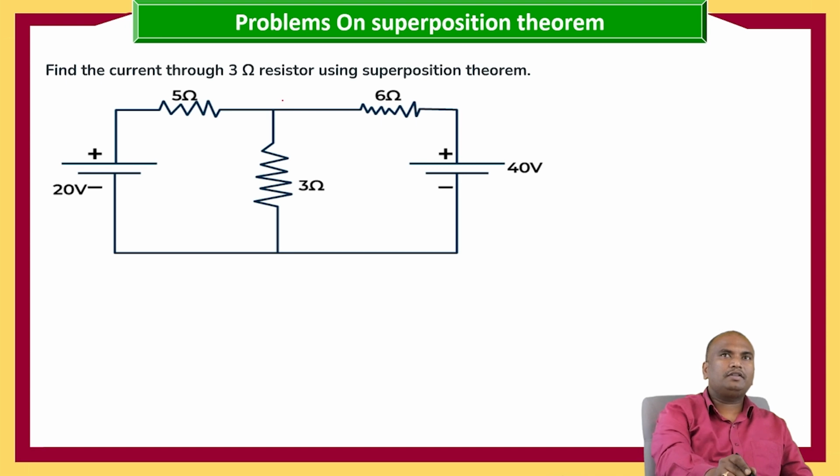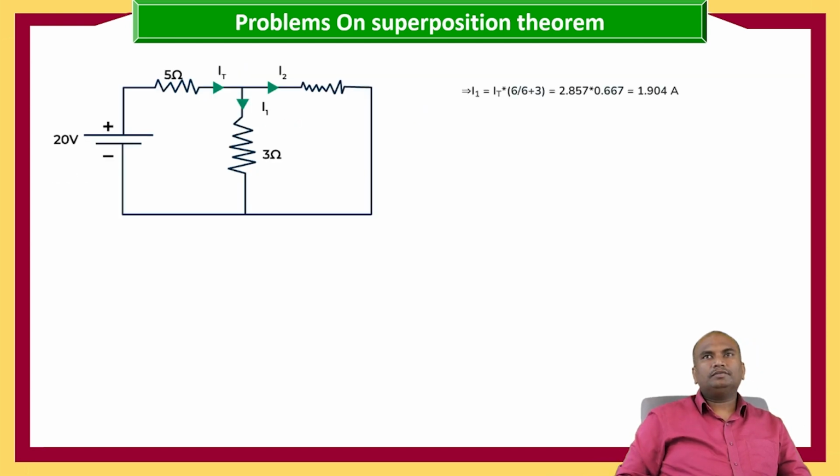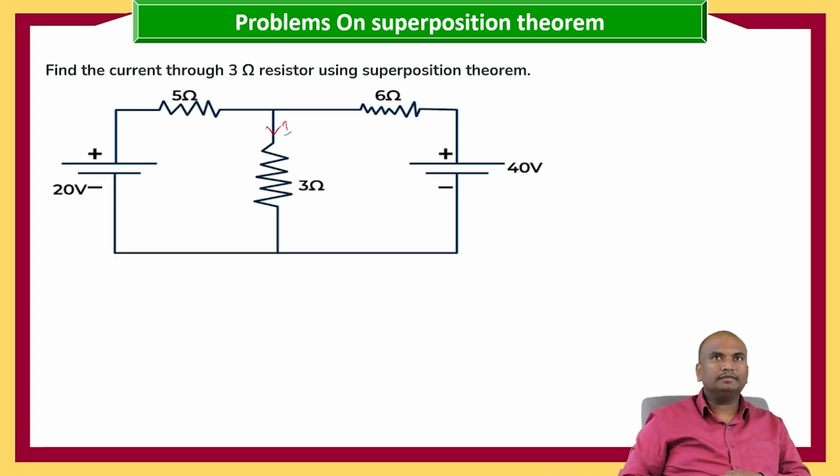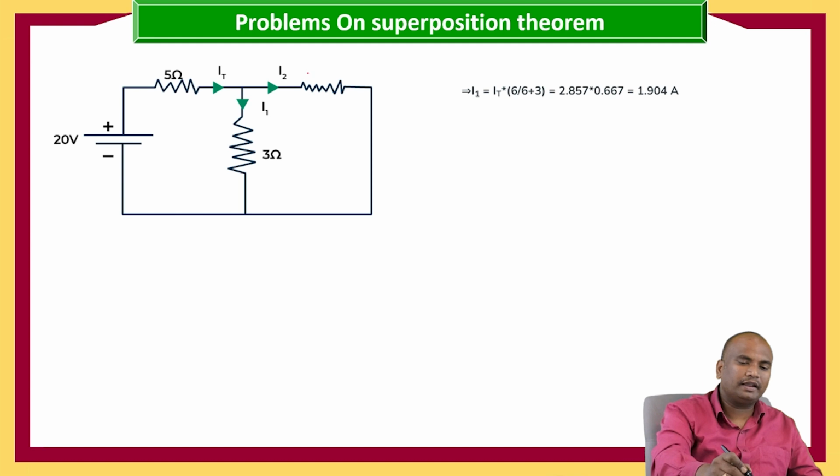Now find the current through 3 ohm resistance using superposition theorem. This is the current which we require. Now when we consider only the 20 volt source is acting, the other source is not acting.